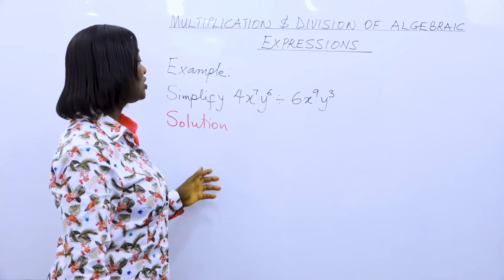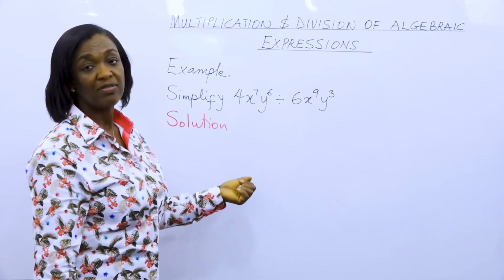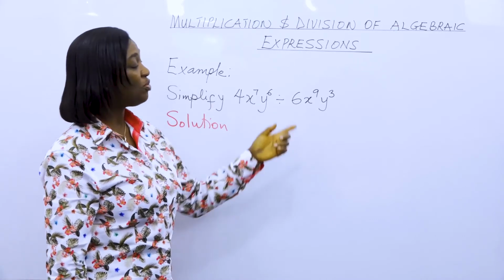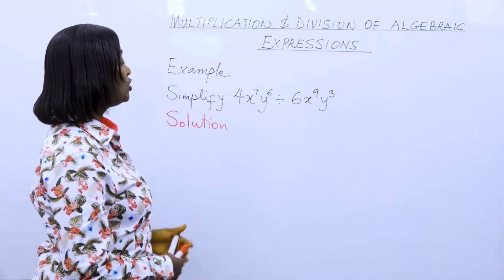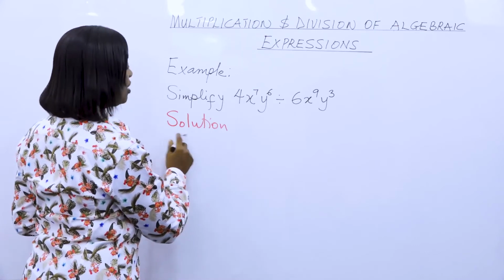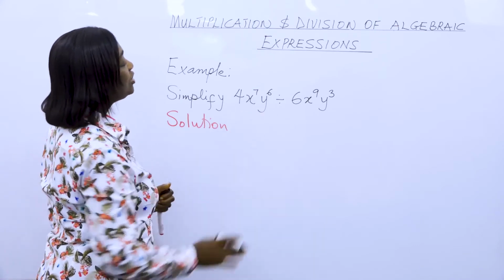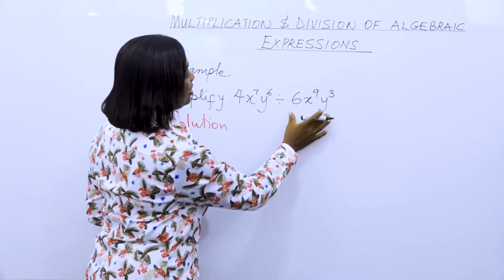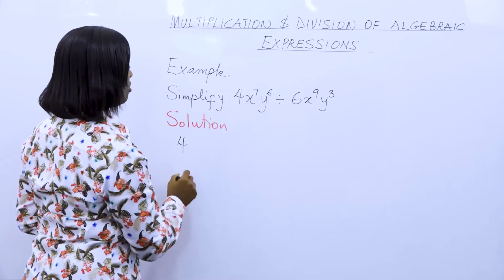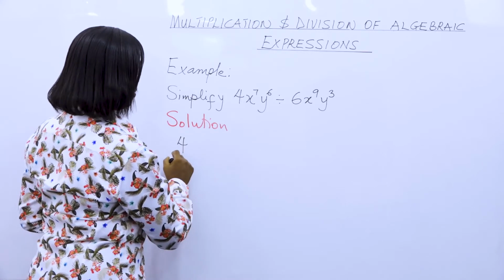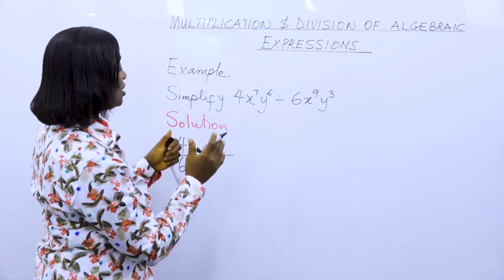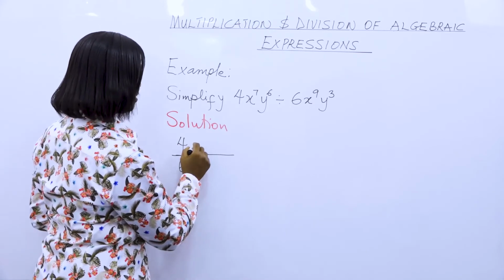In this example, we want to simplify 4x to the power 7, y to the power 6, divided by 6x to the power 9, y to the power 3. So we write it out. This is the numerator, and this other part is the denominator. So 4 over 6. I like to write it out in steps.